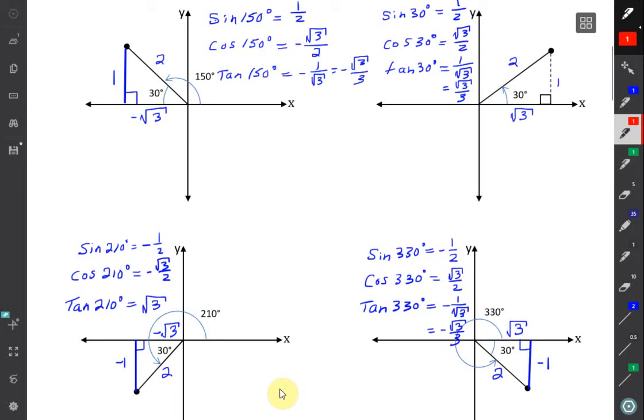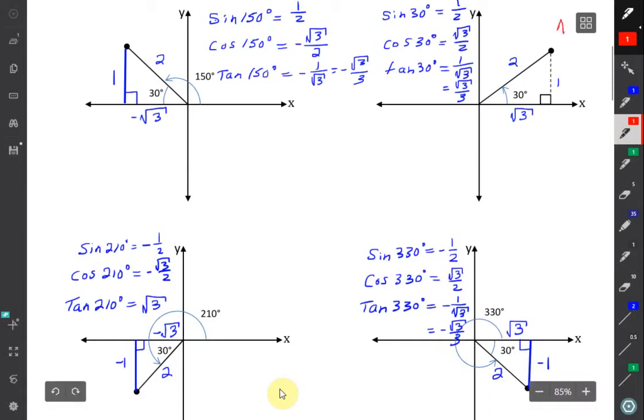When you look in each of these different Cartesian planes for each of these different angles, you will notice that in each quadrant, there is a certain ratio that's positive every time, or as is the case in the first quadrant, they are all positive.